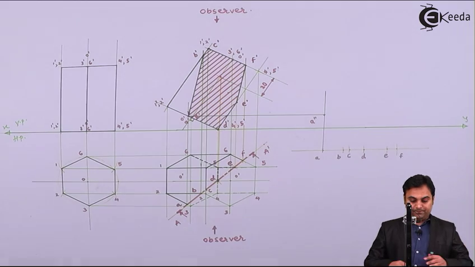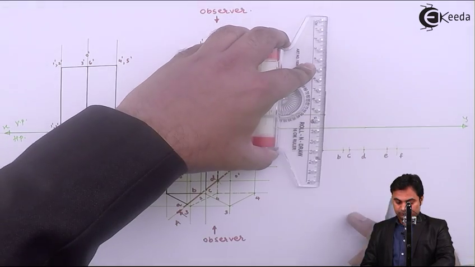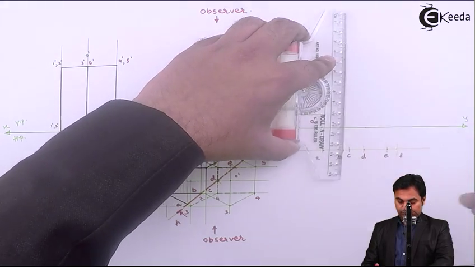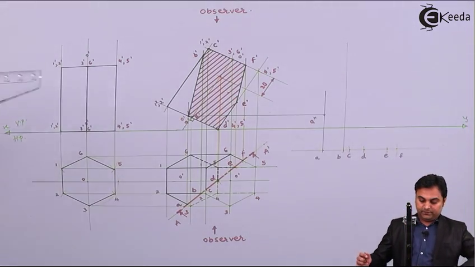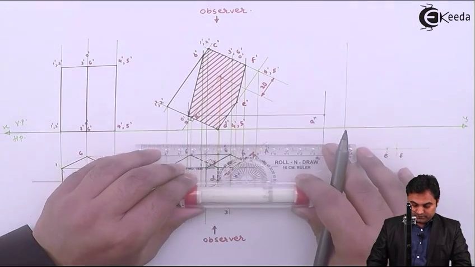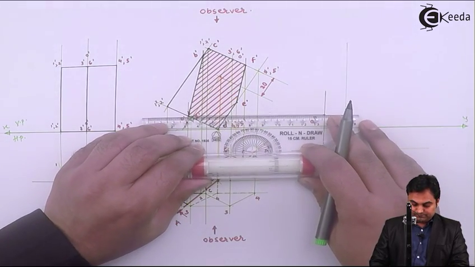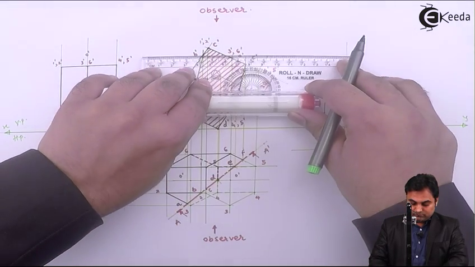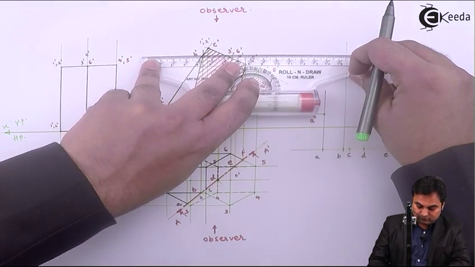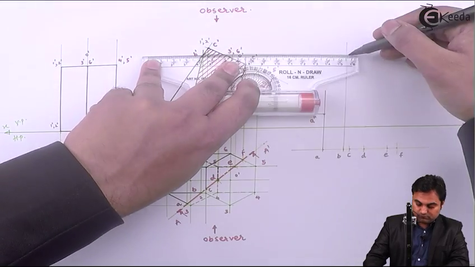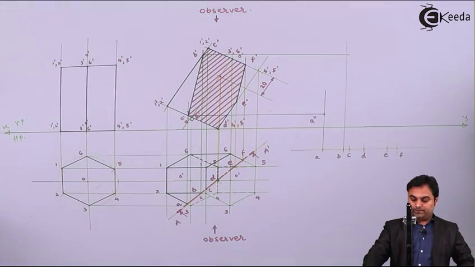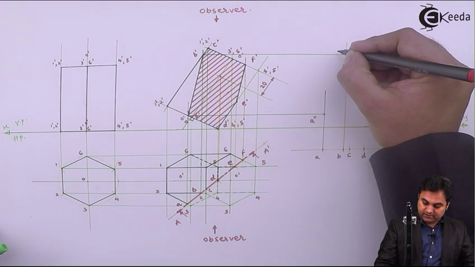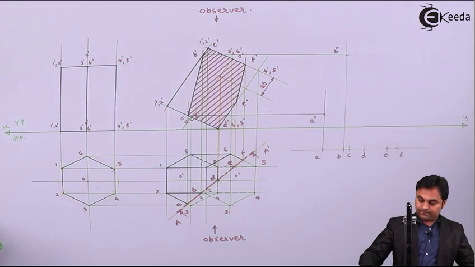Then point B. Projected with the help of light line, and here we have B in the front view. So where point B and B dash intersect, that will give me B double dash.